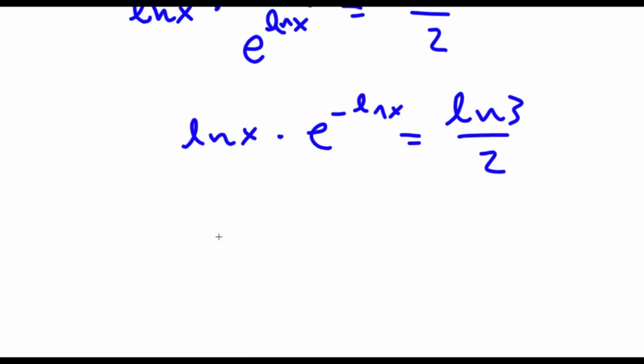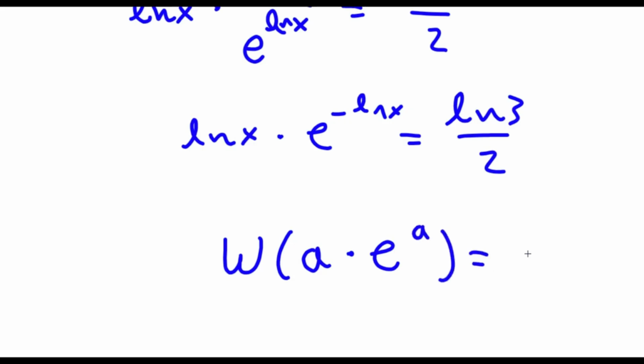Now, an important function for logarithms is known as the W-Lambert function. And taking the W-Lambert function of something in the form a times e to the power of a, this will give you simply a.